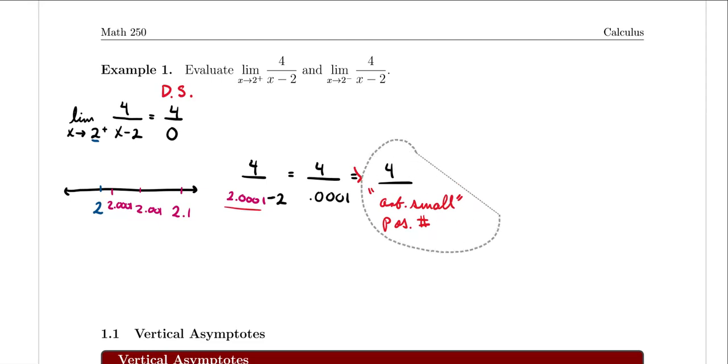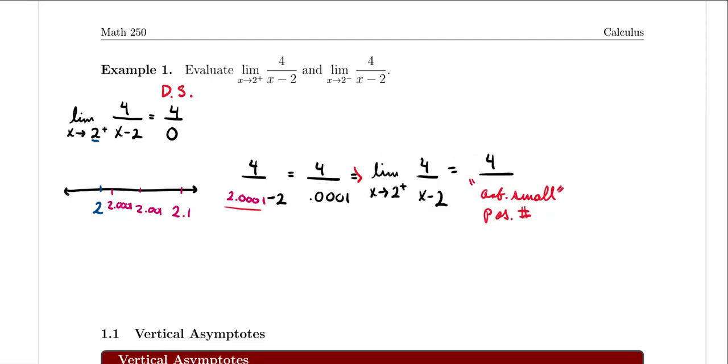And this is what's happening with the limit. The limit, as x approaches 2 from the right, for 4 over x minus 2, is going to be 4 over an arbitrarily small positive number. And we know that a constant divided by an arbitrarily small positive number is positive infinity.